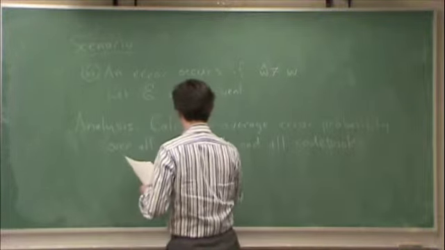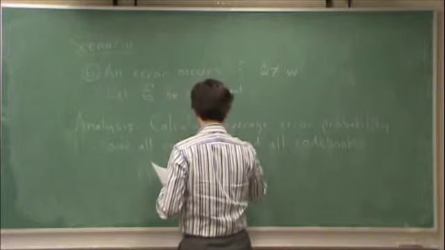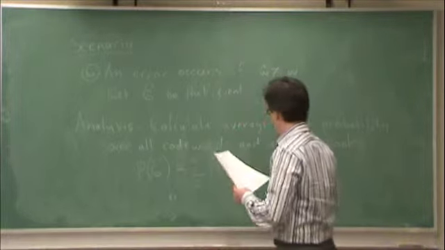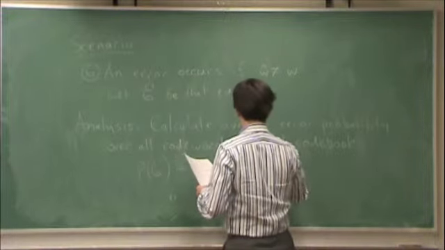this will be equal to the sum over all possible code books of the probability of that code book occurring times the average probability of error of that code book.